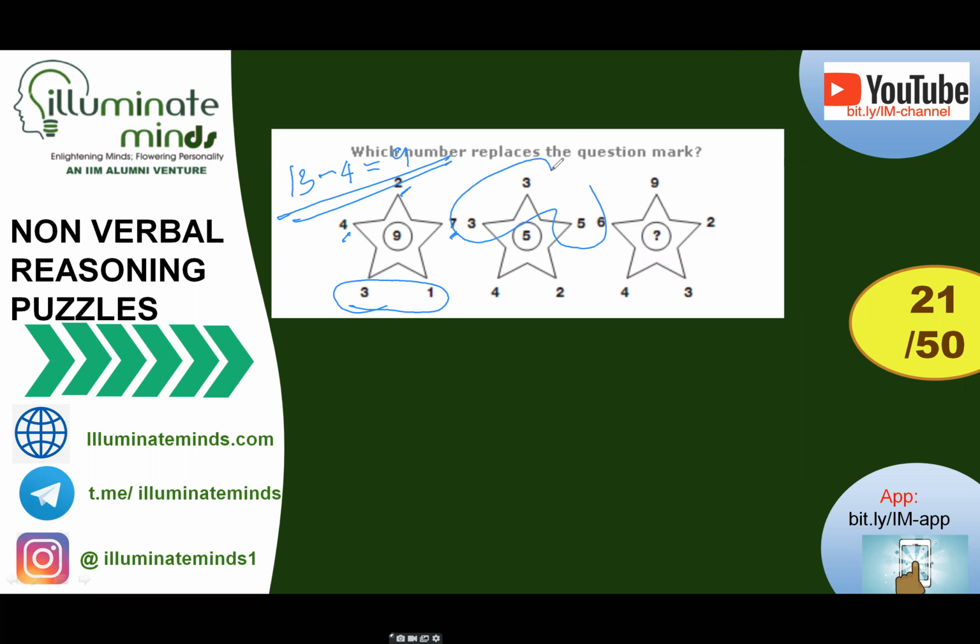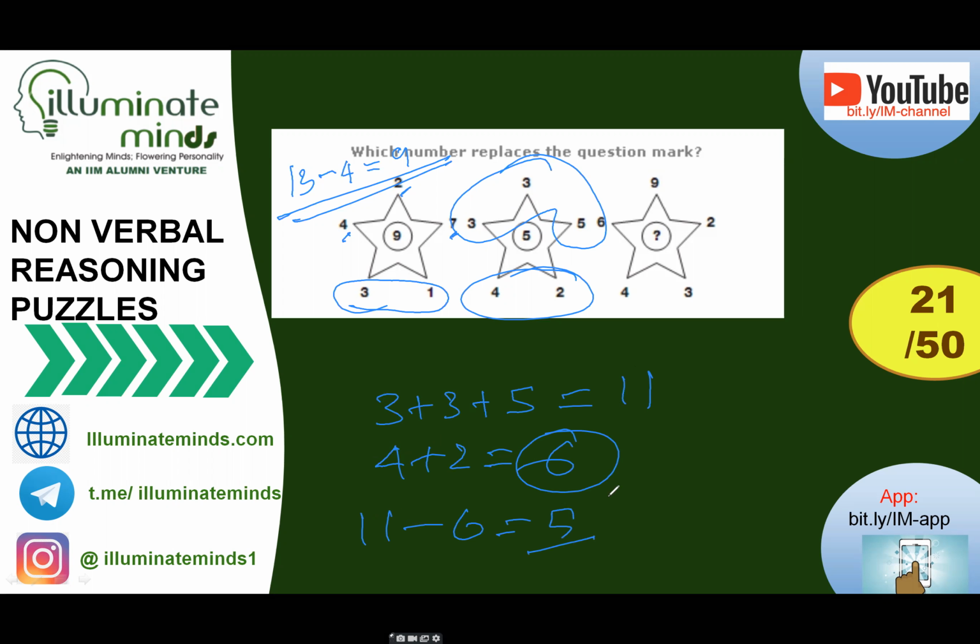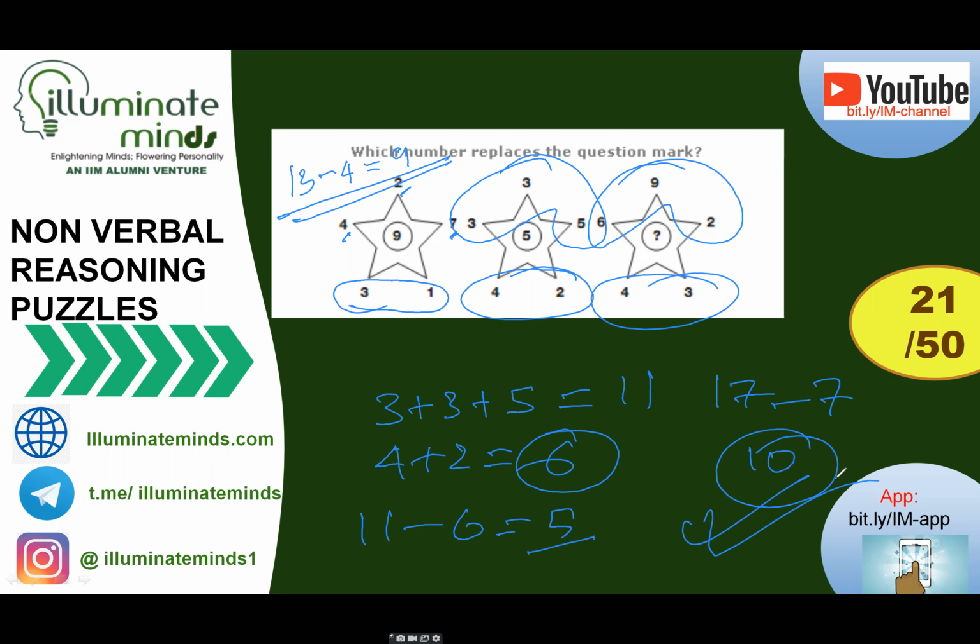I'm going to try this one also. 3 plus 3 plus 5 is equal to 11. 4 plus 2 is equal to 6, and 11 minus 6 also fits in. So this will happen in this figure also. 6 plus 9 plus 2 is 17. 17 minus 7 is equal to 10. So the question mark will be replaced by the number 10.